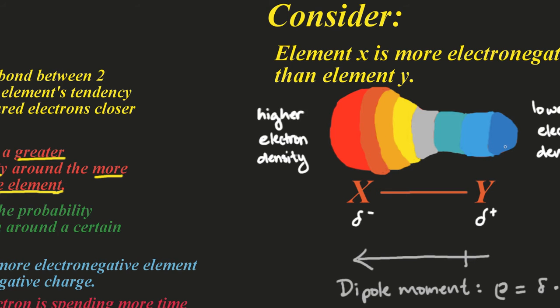less and less probability. And what happens here is you get a partial negative charge around the more electronegative atom and a partial positive charge around the less electronegative atom. Creates what's called a dipole. Okay, the way I remember the way the dipole looks is that the plus charge coincides with the plus part of the arrow, and then the arrowhead is the negative charge.